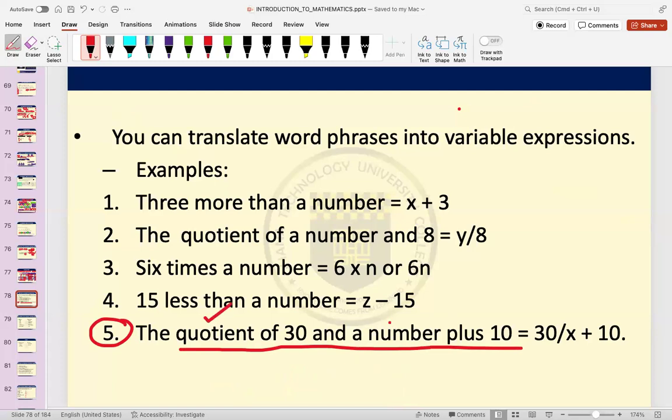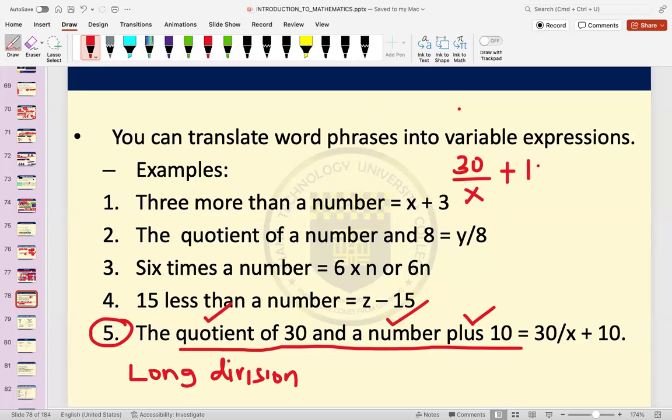Quotient, number, plus. The moment you see quotient, let the long division concept come into your mind. The quotient of 30 and a number, x, plus 10.